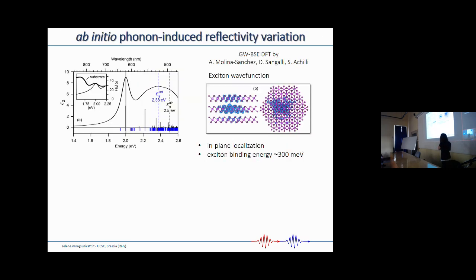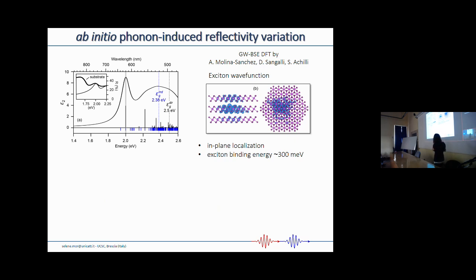To do this, we collaborated with Davide, Alejandro, and Simona, performing DFT with Bethe-Salpeter approaches that enable us to also study excitons, and they know this way better than me. So this is what they did, starting from the equilibrium spectrum of the system. Here is the imaginary part of the dielectric function.